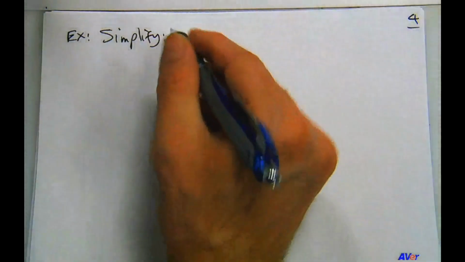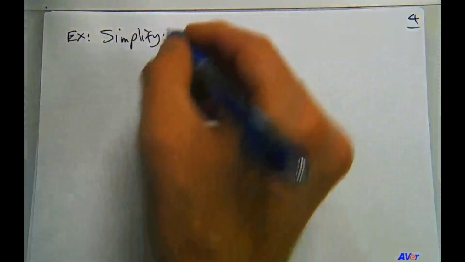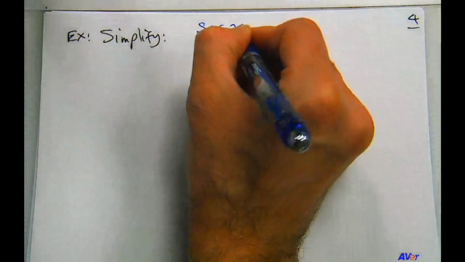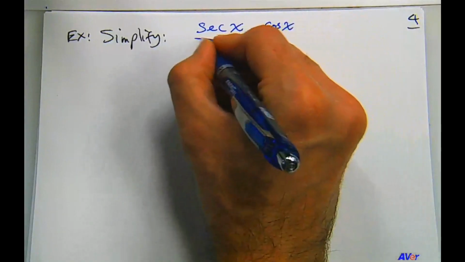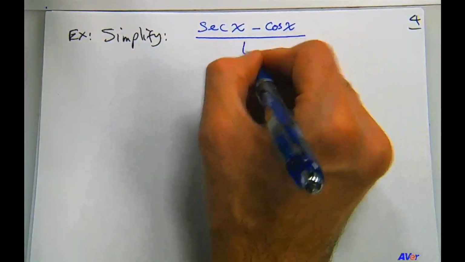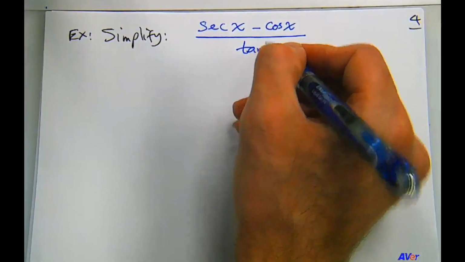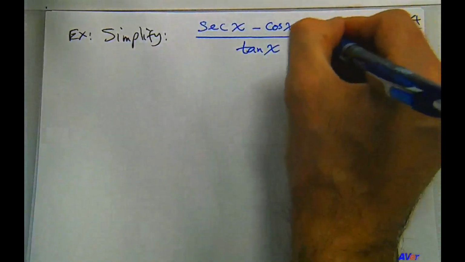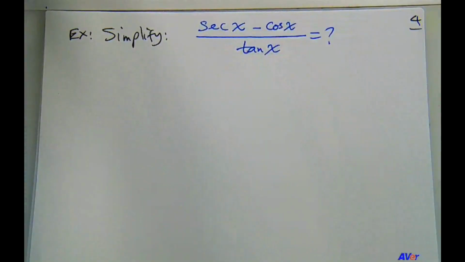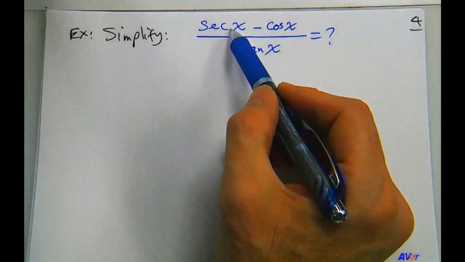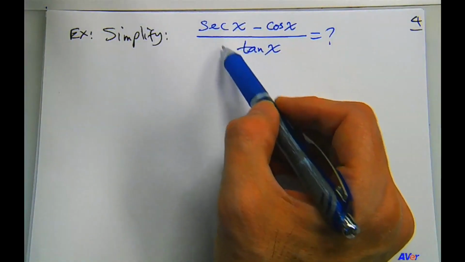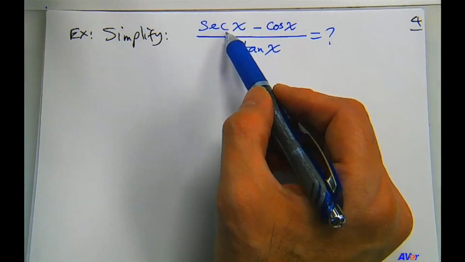Okay, so we want to simplify this expression. Secant of x minus cosecant of x divided by tangent of x, right? We want to simplify this. Okay, so we remember what other trigonometric functions these are connected to, right?